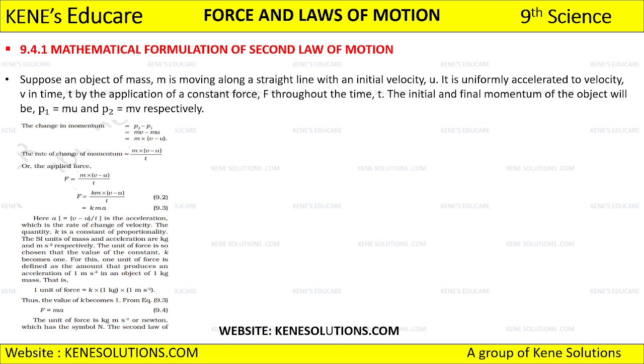And we know that v minus u upon t is acceleration, so it's equal to kma. This is what we have, f is equal to kma.